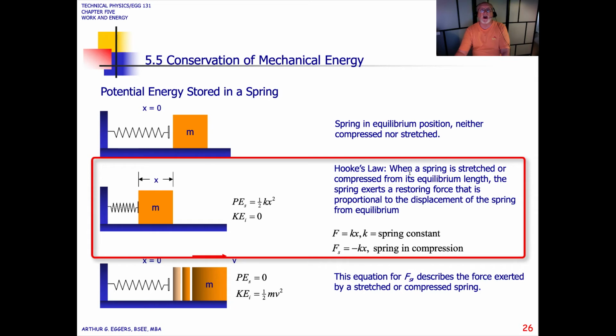So Hooke's law says that when a spring is stretched or compressed from its equilibrium length, the spring exerts a restoring force. Okay, so this will be an F with an R as a subscript, the restoring force. That is proportional to the displacement of the spring from equilibrium. So we see we started in equilibrium, we start compressing, the spring starts trying to fight back with its restoring force.